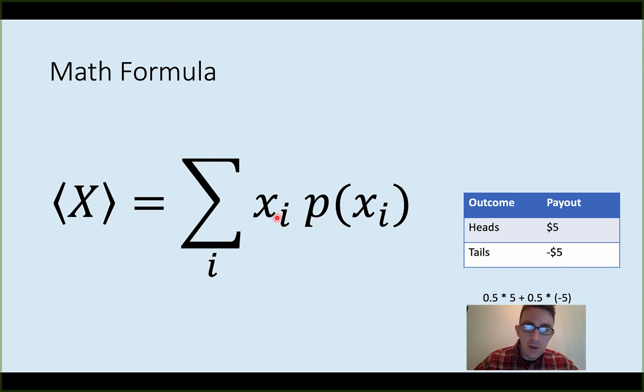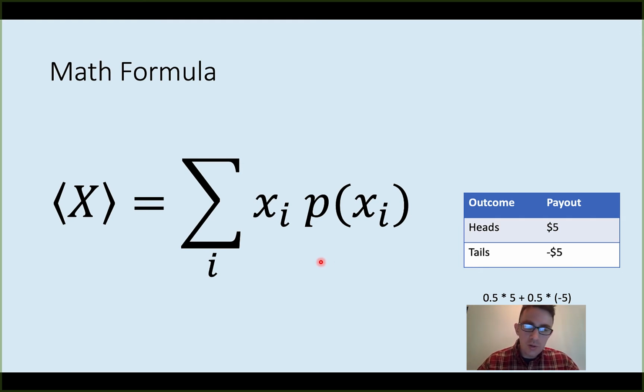So our x sub 2 here would be -5, and p of x sub 2 would be 0.5. I'm sorry if this is a bit confusing notation, but I just want to include this at least somewhere because it'll be good to recognize this notation and understand what it means and how it's really not so complicated. Basically, it just says we're going through every possible outcome of our random variable, multiplying the value of that outcome by the probability of observing that outcome, and then summing all of those up.